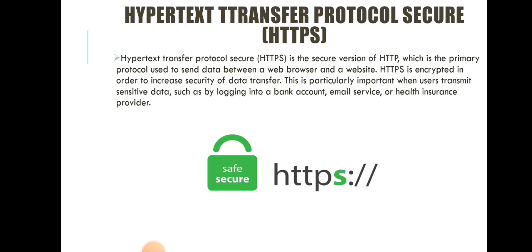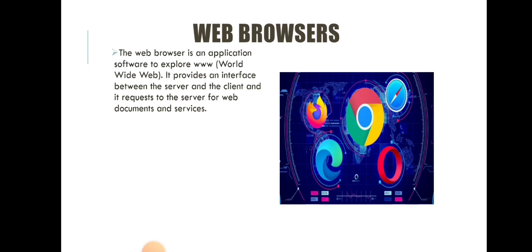This is particularly important when a user transmits sensitive data, such as by logging into a bank account, email service, or health insurance provider. Web browser. The web browser is an application software to explore www, which is known as World Wide Web. It provides the interface between the server and the client, and it requests the server for web documents and services.